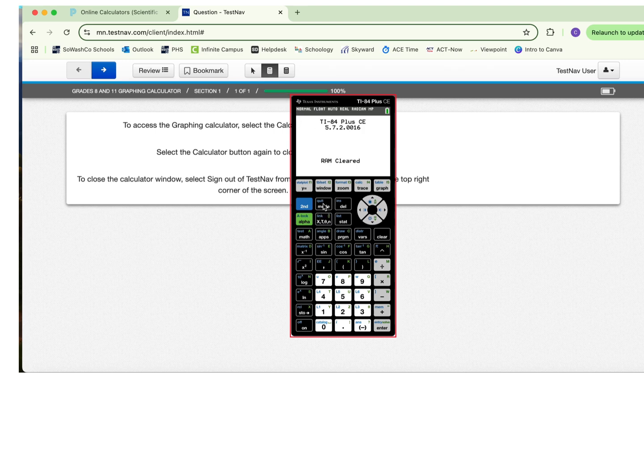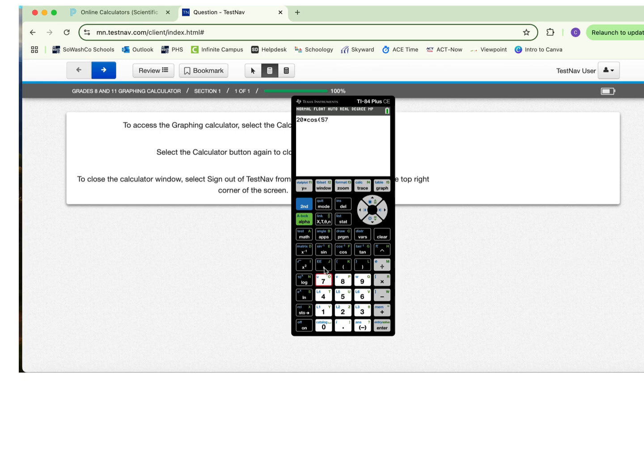And we do need to make sure that we're in degree mode, so it's kind of in the same spot as the scientific. Mode is right here. There's more choices, though. We need to move to the fourth line there where it says radian or degree, and move it over to degree. Click enter, and then we can leave the menu here, second quit, and now we're ready to type in what we needed to calculate, which was 20 times the cosine of 57 degrees.